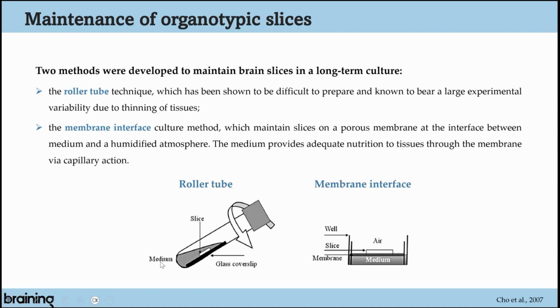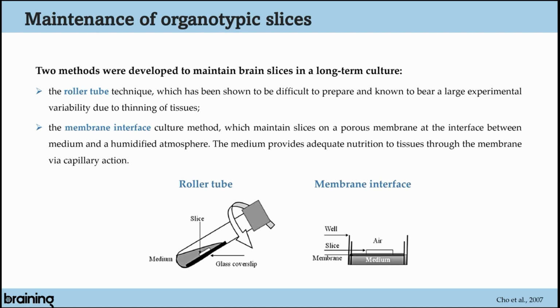So you have here the media, and then you have the slice that is kept on a glass cover slip that was glued to a filter to the glass. And these roller tubes were placed in systems that could carry a lot of roller tubes, and that system would be placed in the incubator.